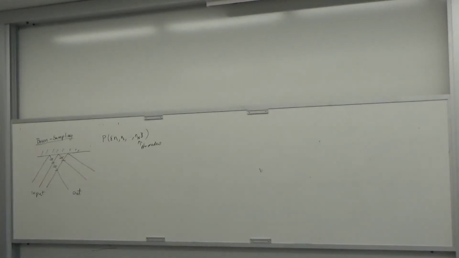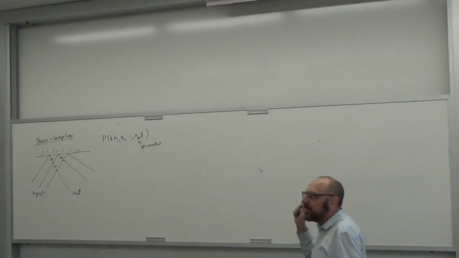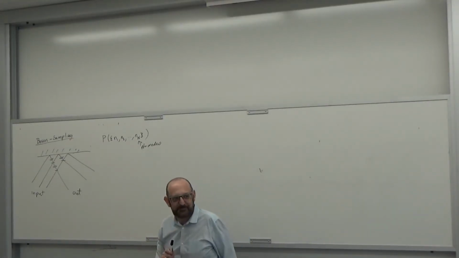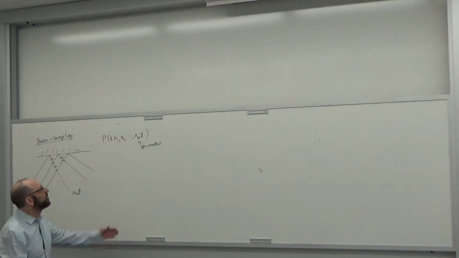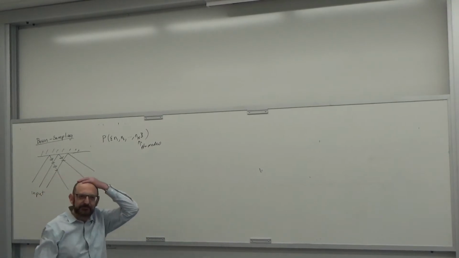Okay. And the goal in boson sampling is to create on the computer a random number generator which spits out random numbers according to this probability distribution, okay? Where these are the output probability distributions.